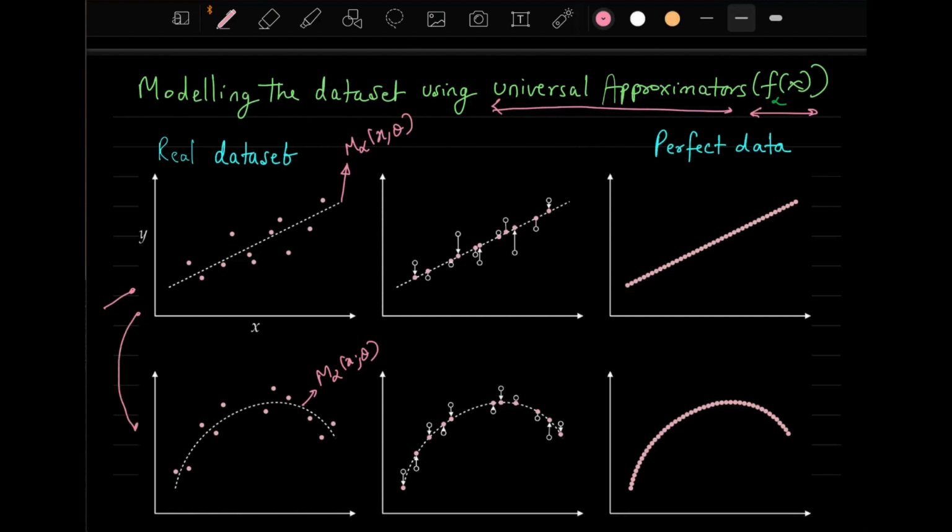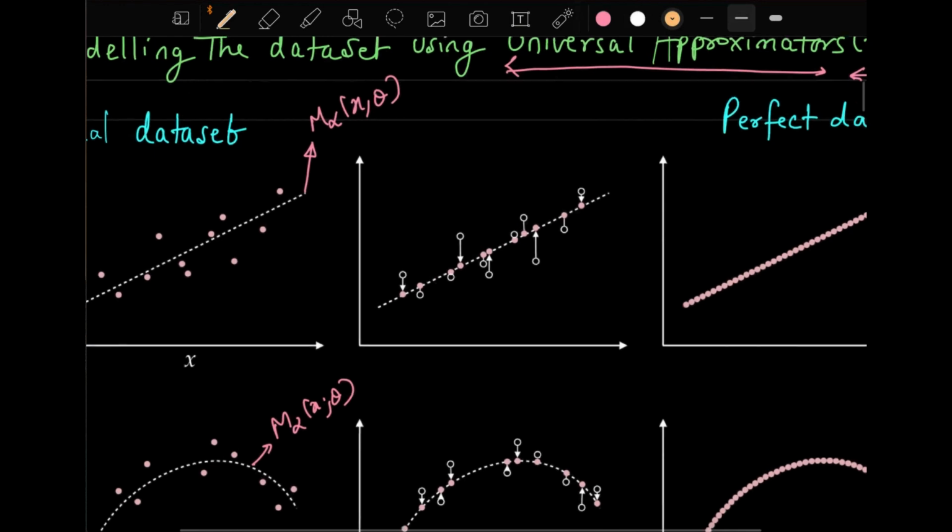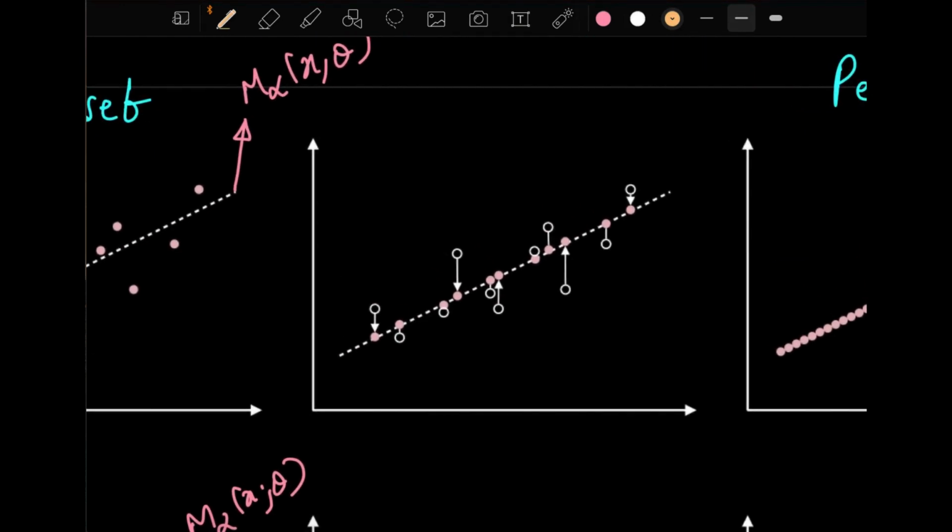Now you see here, if I want to create a perfect data set, what I am doing is, as you can see, these data points which were the original data points, I made noise free by moving them onto this line. All these data points which are here are moved back to the original line and made noise free, because this is the amount of noise you have.